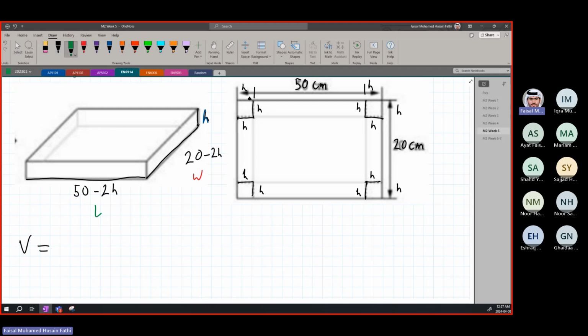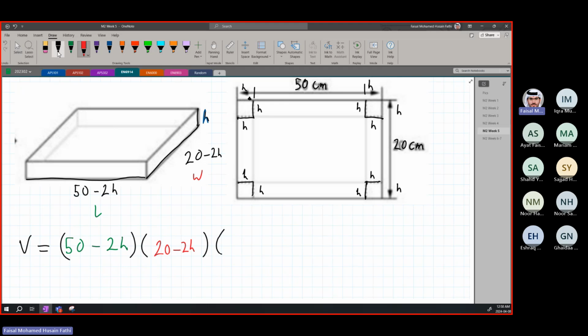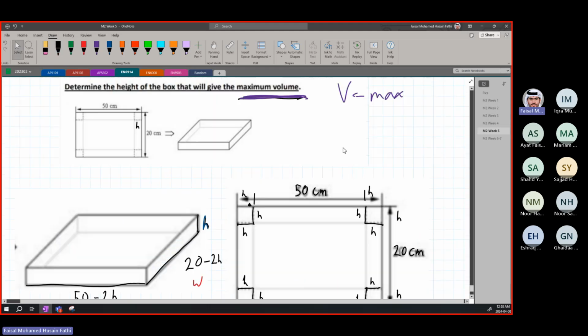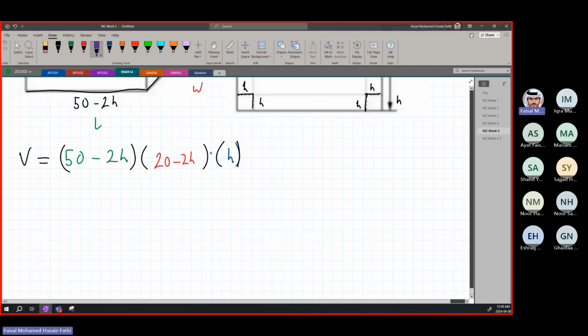So length, which is 50 minus 2h, times width, which is 20 minus 2h, times height. And what did we want maximum? We wanted V maximum. So we already solved the question. So this is V.